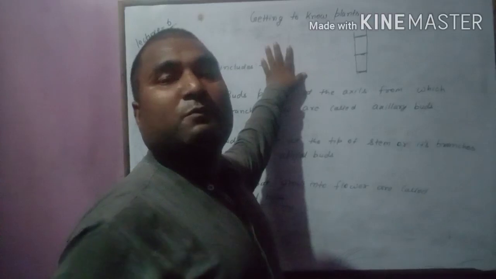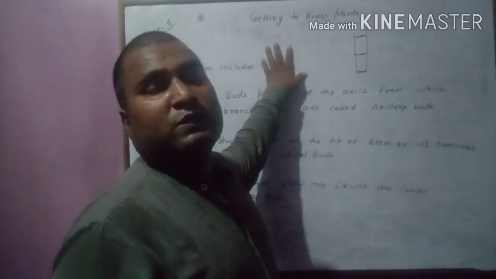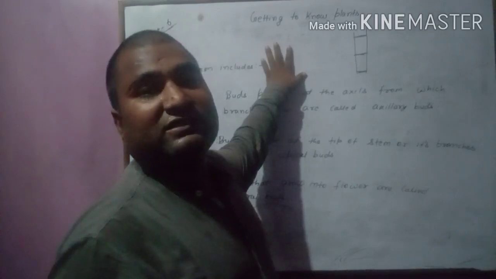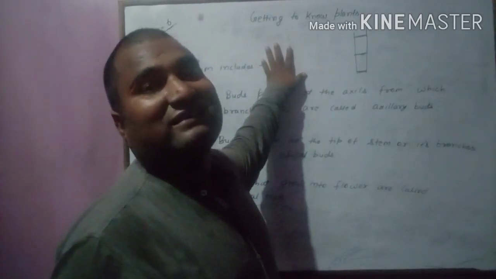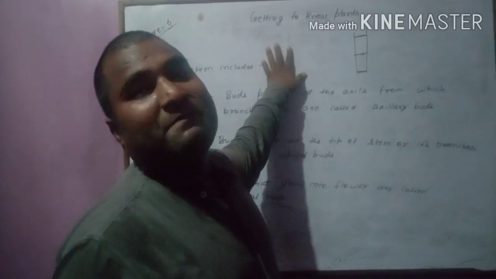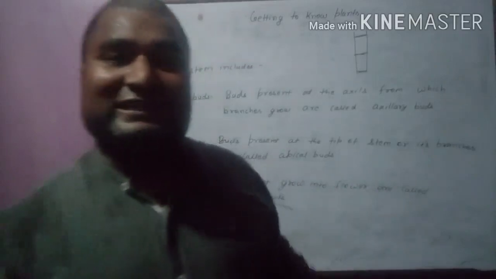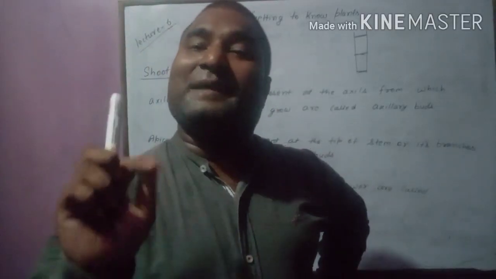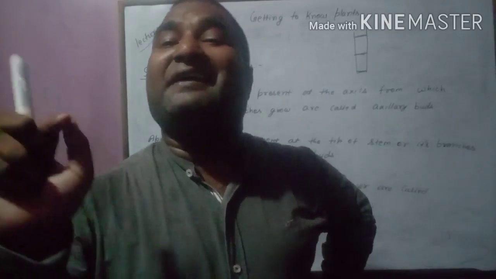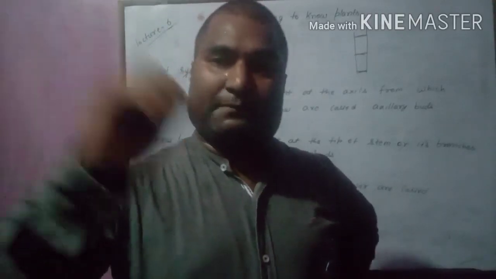So sugarcane is a modified stem which stores food. Sugarcane juice is stored in the sugarcane stem. And last, sometimes stem gets modified for structural support, especially in case of climbers. So stem gets modified into tendrils, and that helps the climbers to climb.